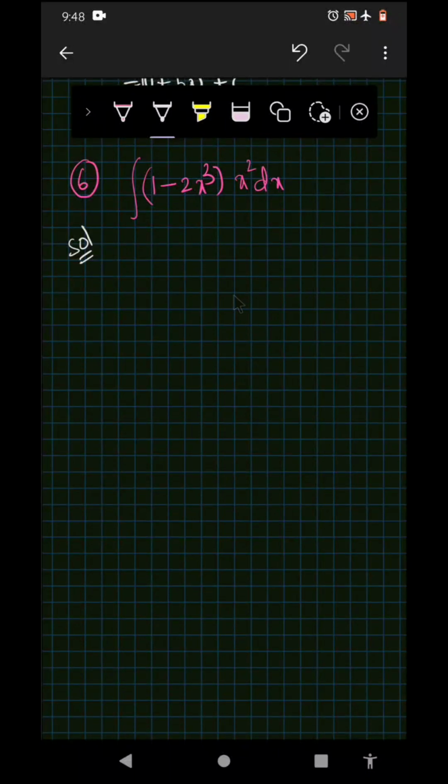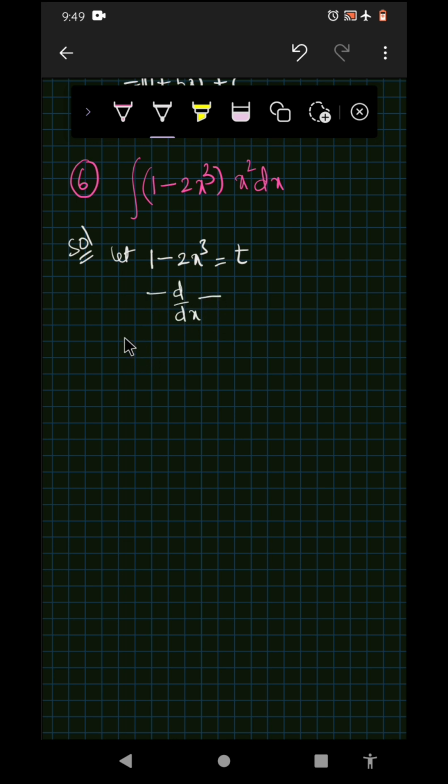So next problem is integration of 1 minus 2x cube into x square dx. To solve this, take 1 minus 2x cube as t. Therefore let 1 minus 2x cube is equal to t. So now differentiate on both sides with respect to x.